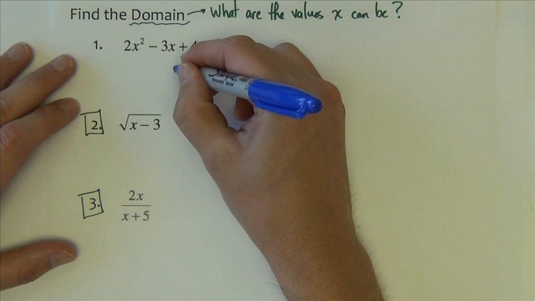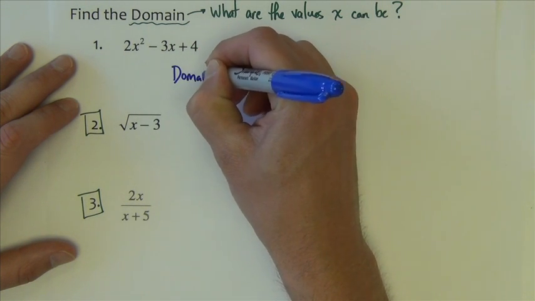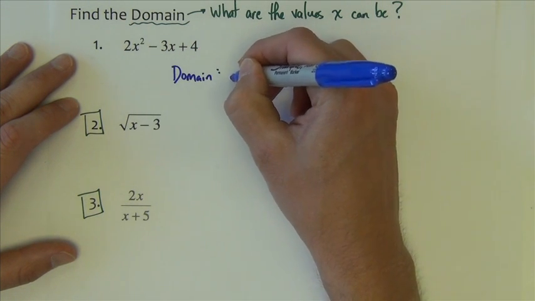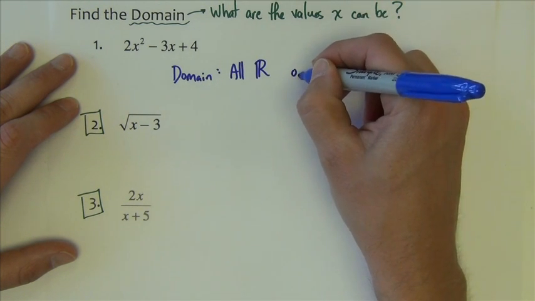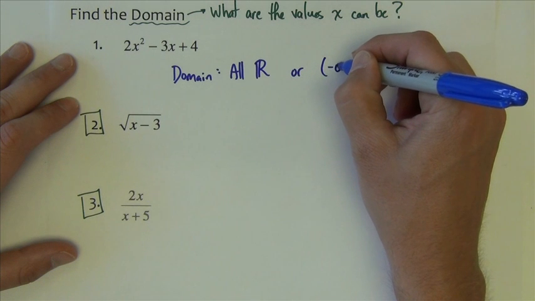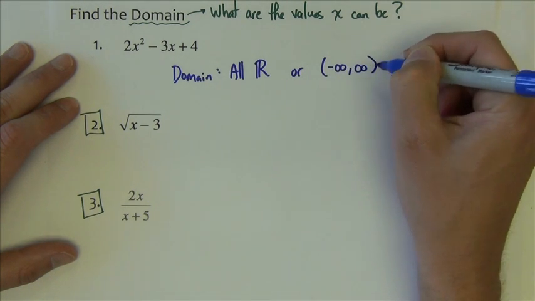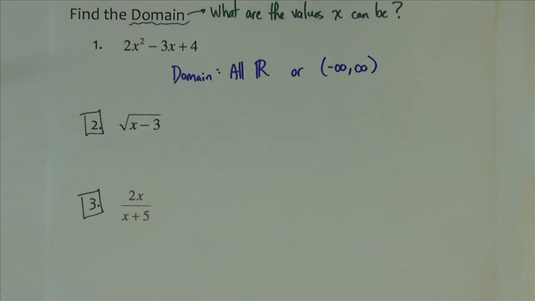I would list the domain as all real numbers, or we can write it negative infinity to infinity. In other words, I can put anything in for x that I want. It doesn't matter if it's positive, negative, fractional, zero.